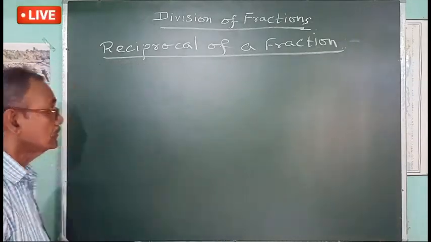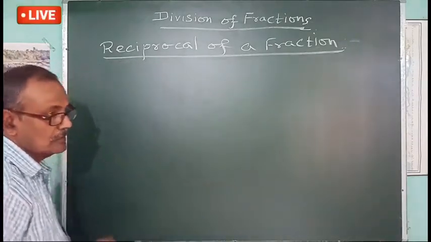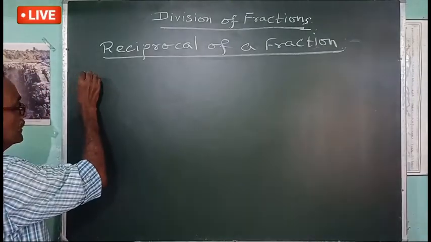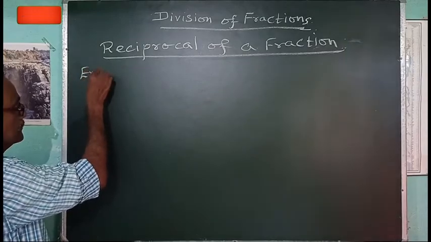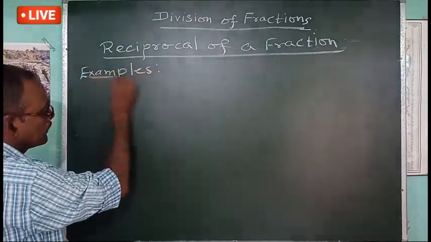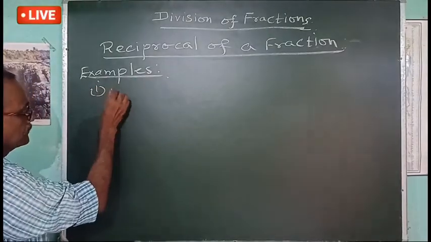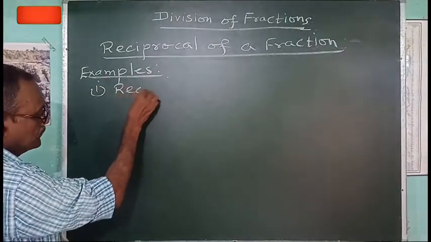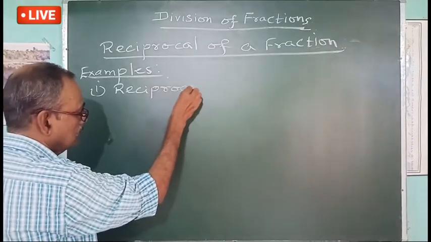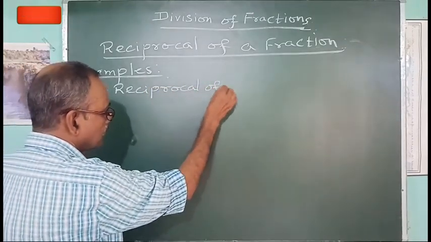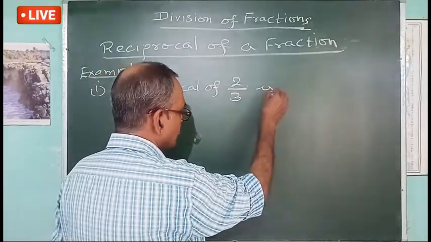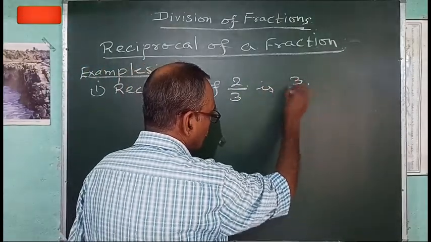Now, we want to find out the reciprocal of a fraction 2 by 3. So, number 1, these are the examples. Number 1, reciprocal of 2 by 3 is 3 by 2.